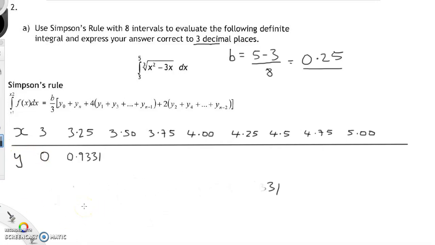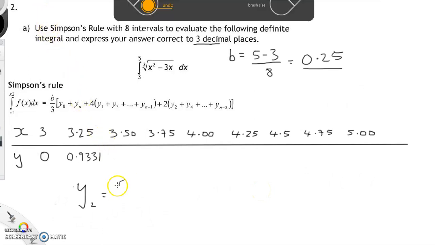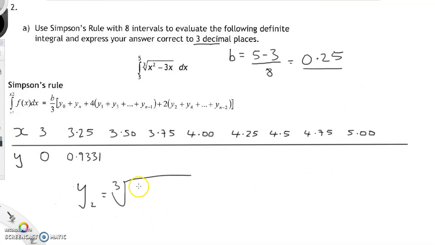And so on, same pattern all along. So we'll do another one. That's y0, y1. It's going to be y2 next. So now we're going to figure out y2. That's the cube root of 3.5 squared minus 3 times 3.5.